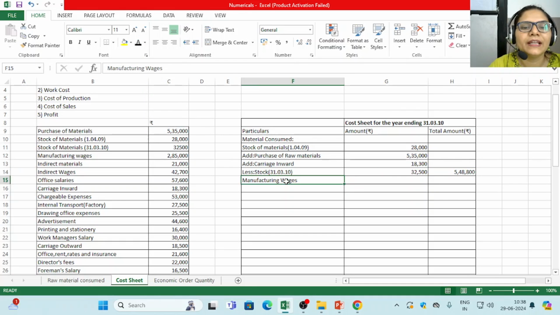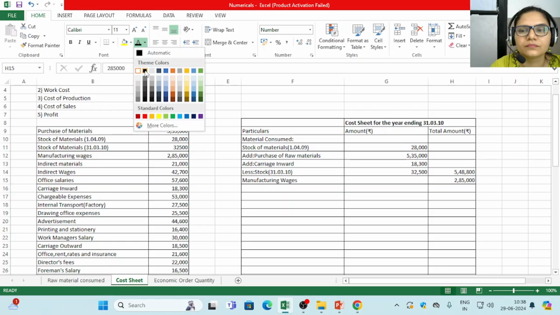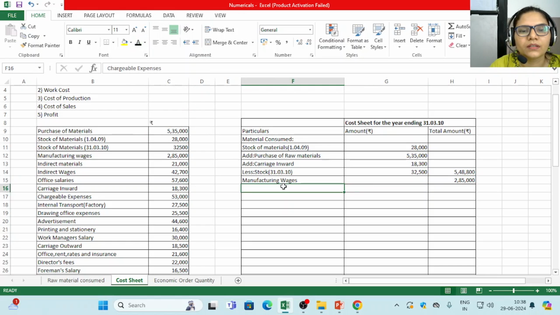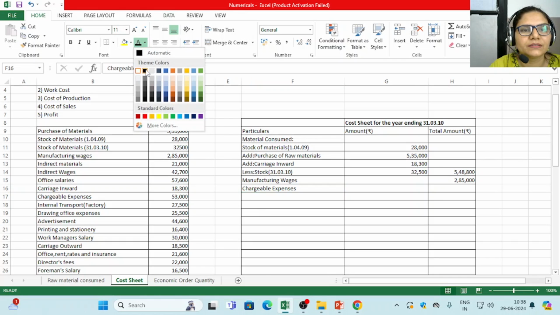5,48,800. This is the direct material value. Next is the manufacturing wages. Manufacturing wages are also known as direct wages. We will show them over here. Next are your chargeable expenses.